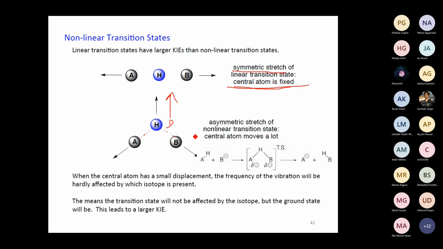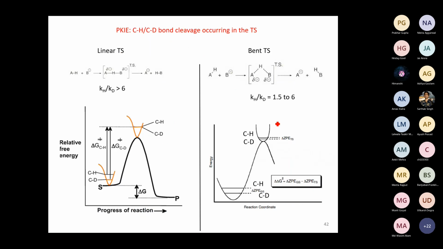Whenever you see that H and D are vibrating, definitely in the transition state, like here is a bent transition state, there will be a gap between C–H and C–D in the transition state. If it is perfectly linear, C–H and C–D are almost at the same level. In those cases, kH/kD will be greater than 6. The highest value will be 6.8.